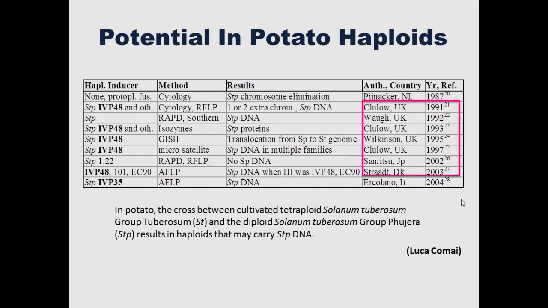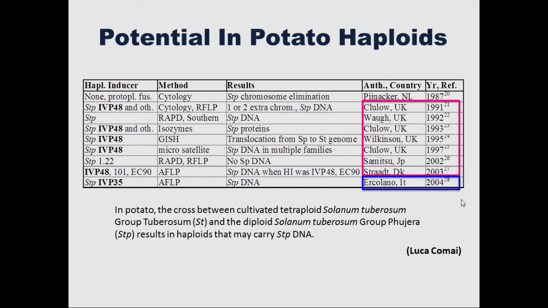And there's a bunch of papers by this group in the UK where they actually said there were residual genomes from the haploinducer in the resulting haploids. And it was also reported, so these papers use the same population, and these people repeated the experiment with a different IVP 35 variety. So I think it's sort of exciting times.